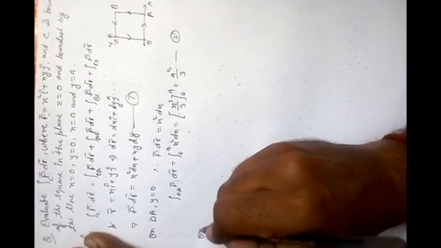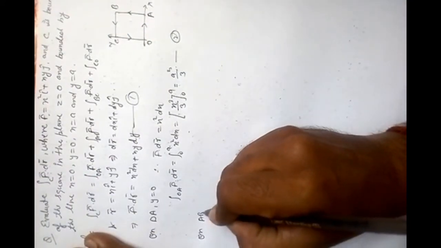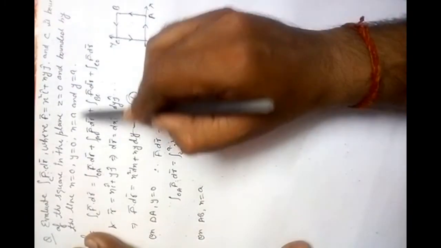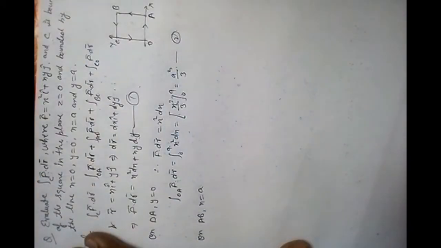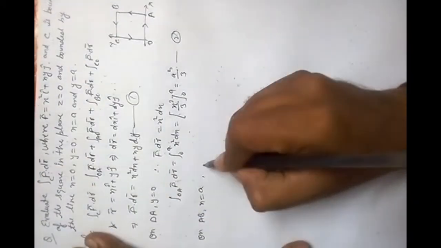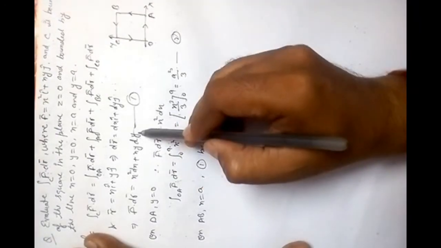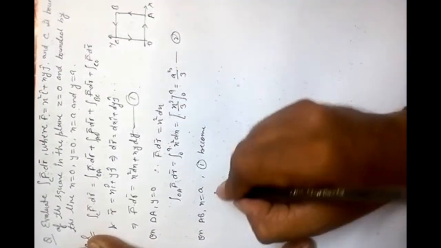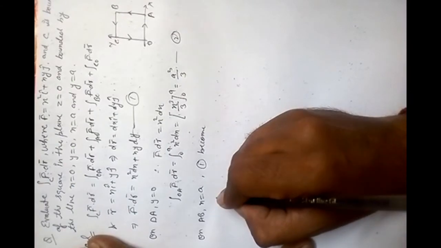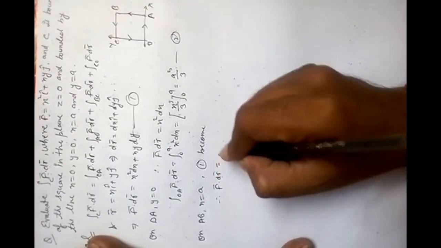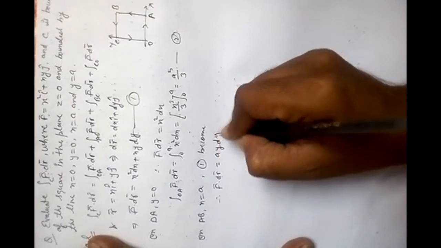Okay, on line AB, here x is equal to a, then equation 1 becomes f dot dr is equal to ay dy.